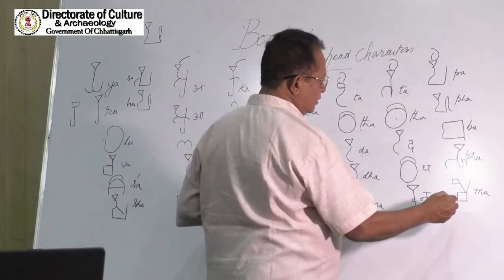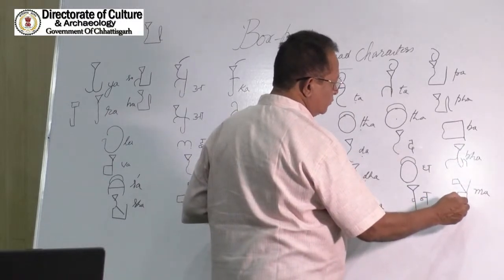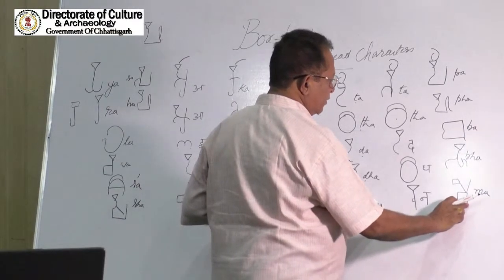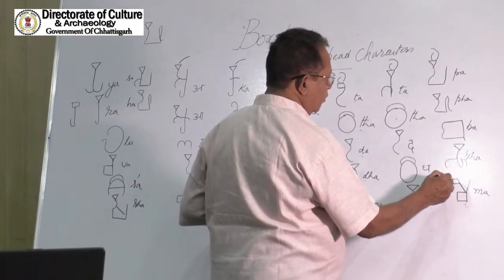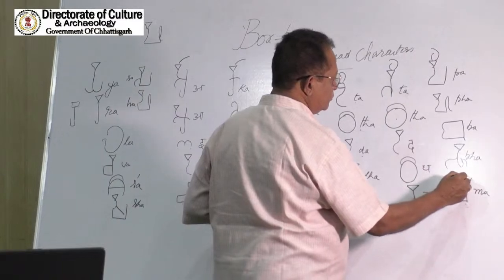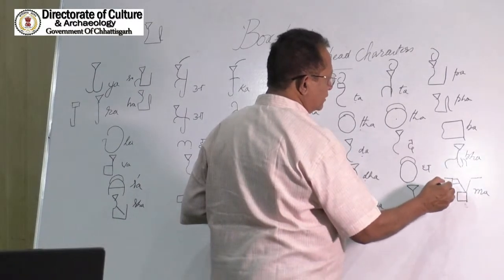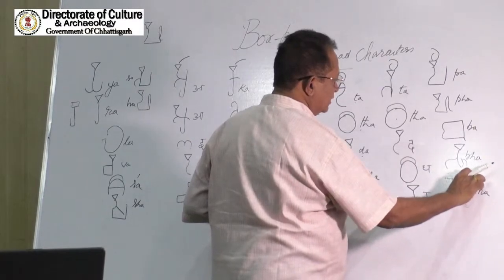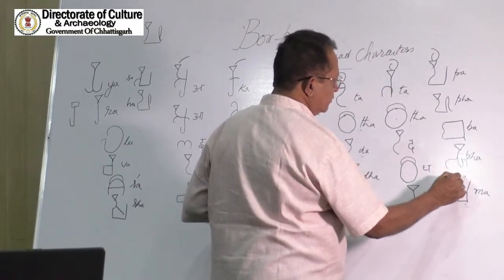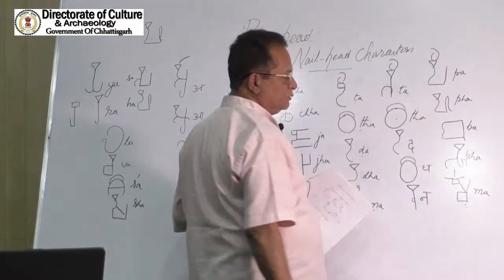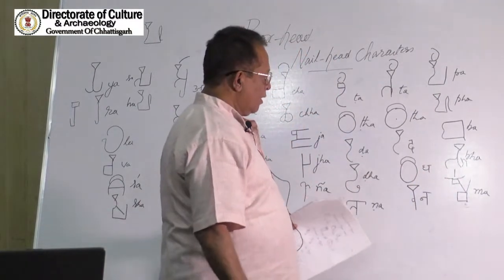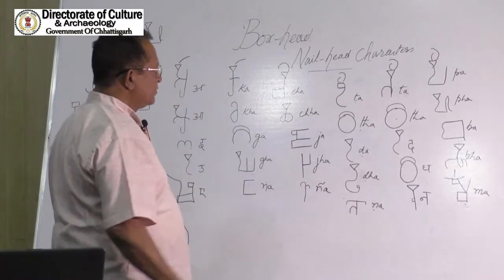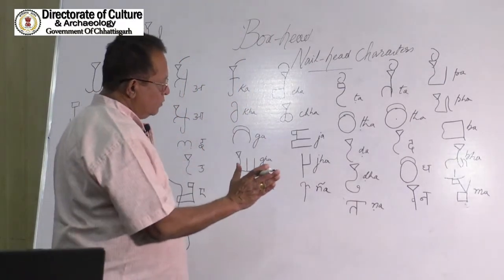So, mu is like this, and when you want to write the same, mo, and sometimes they attach all the signs here itself, mo, like this. So I leave it with this, just only to show you.